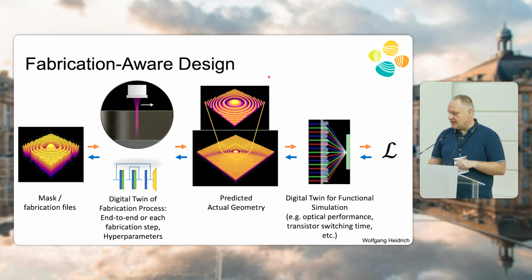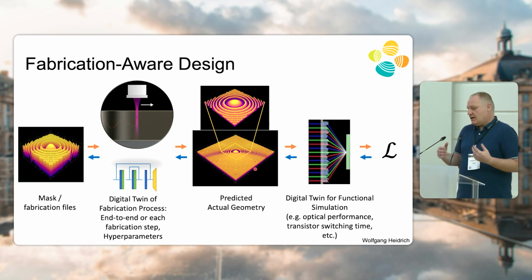Okay, so we'll have the design pipeline. This is what I explained to you at the beginning of the talk, right? So we have an end-to-end design with reconstruction, whatever, and we arrive at a geometry.